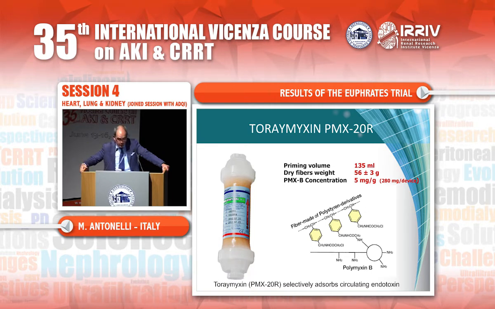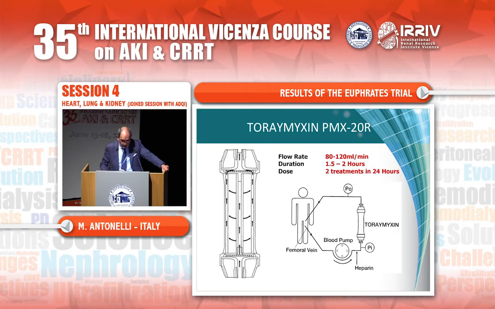The priming volume is 135 milliliters. The weight of the fibers is slightly 56 grams, and the concentration of polymyxin B, which is not liberated into the circulatory stream but is tightly adherent to the fibers, is something like 5 milligrams per gram.